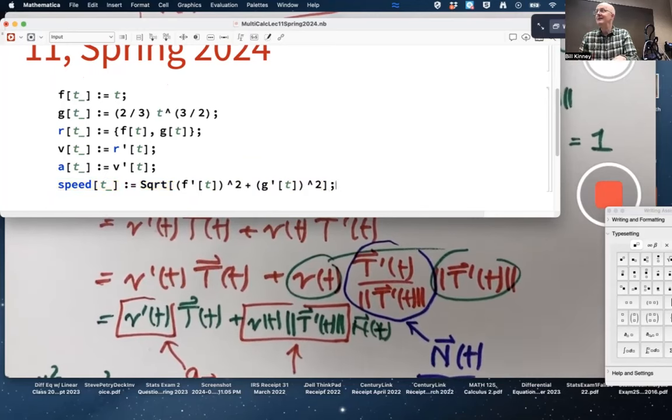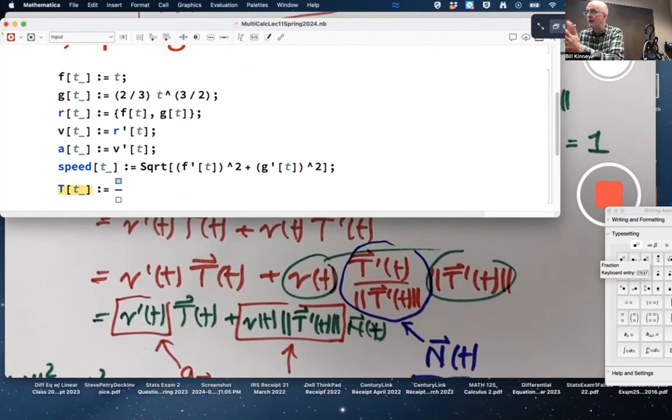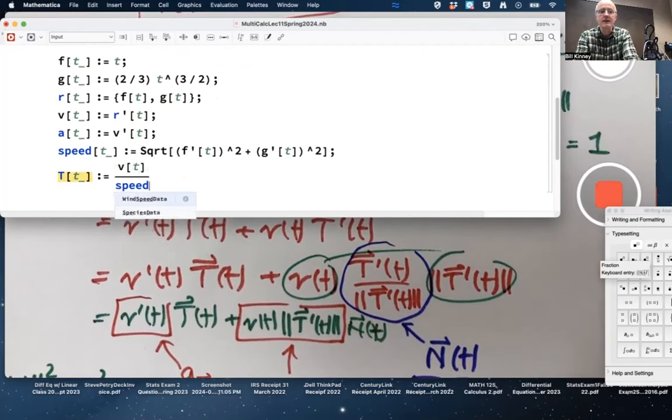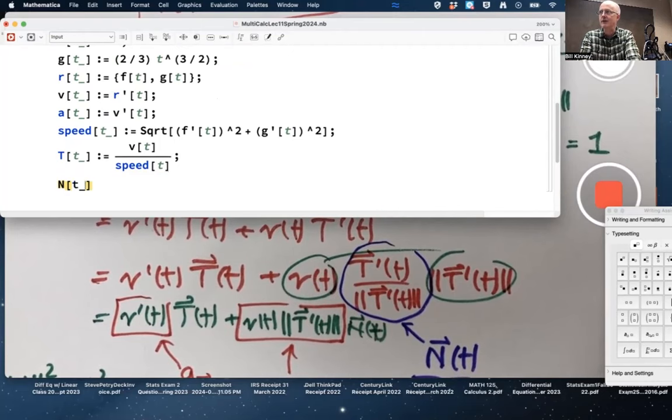Let's add the unit tangent vector and unit normal vector into this. So this is something new. Capital T of t is tangent to the curve. It's in the same direction as the velocity vector, just normalized to have a unit length: v of t divided by the speed. What's the unit normal vector? N of t. Well, guess what? In Mathematica, I can't do that. It doesn't like just using a capital N for a function name because capital N is reserved for numerical approximation.